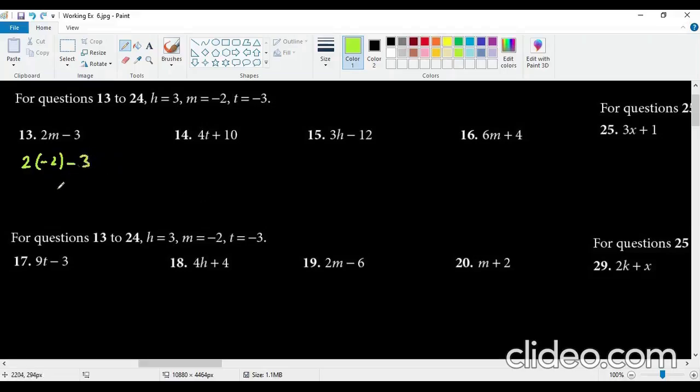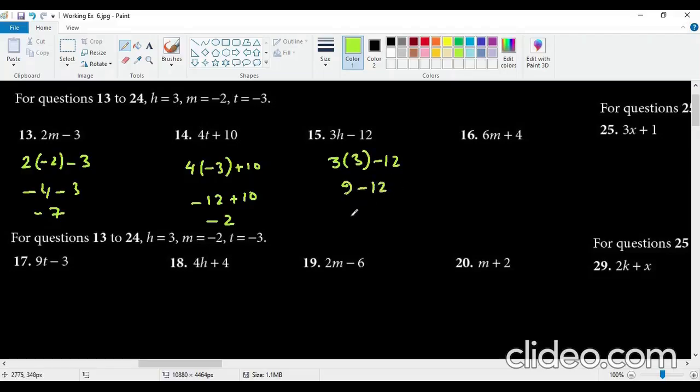So this gives you negative 4, negative 3, and 13 is going to give you negative 7. 4 times t, which is negative 3, plus 10. This gives you minus 12 plus 10, which is going to give you negative 2. 3h, which is 3, minus 12. That means 9 minus 12 is going to give you negative 3.